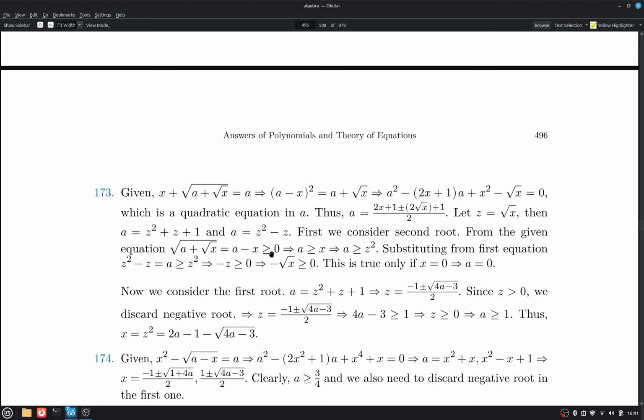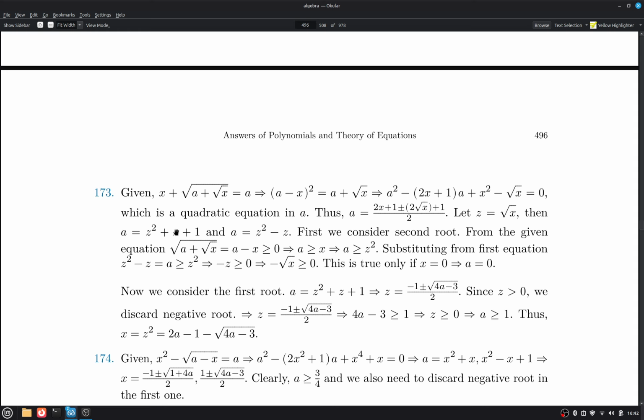Once we have that, we see that minus z would be greater than or equal to 0 because z squared minus z is greater than or equal to z squared. So minus square root of x is greater than or equal to 0. So this means that x is equal to 0, that is a is equal to 0.